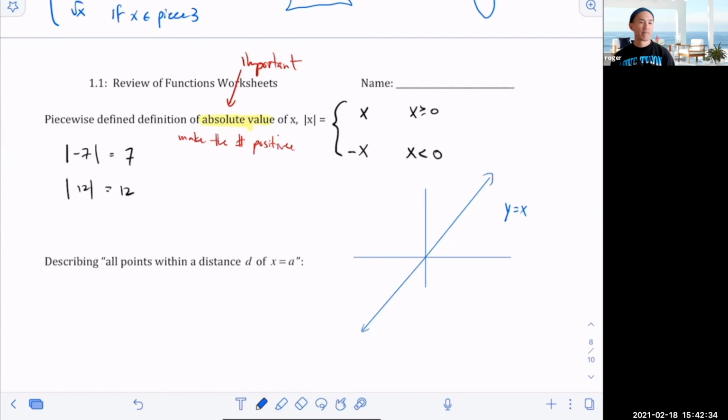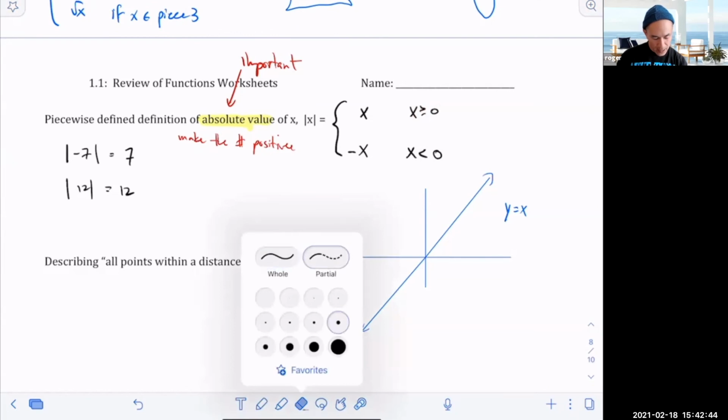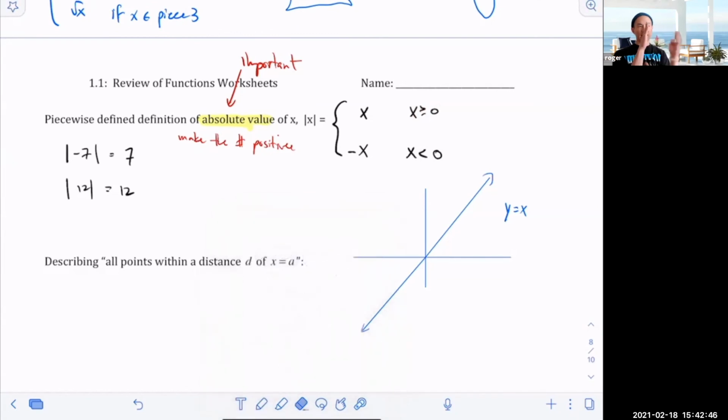That's y is equal to x, right? But because it's a piecewise defined function, I only want to graph the x greater than or equal to 0 part. So actually, I don't want to graph the entire left side of that line. So I come over here and I erase this. It's okay if you graph the whole thing, but you've got to erase the part that's outside of that state, that whole Eastern America or whatever.